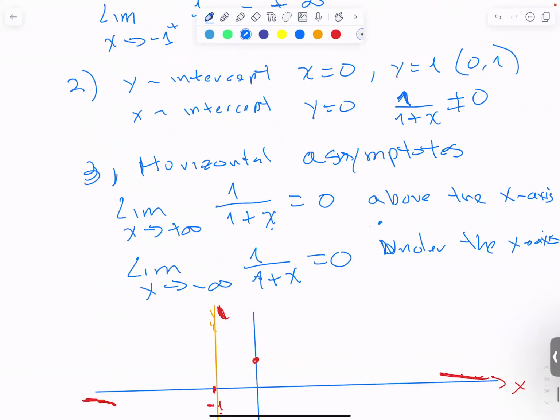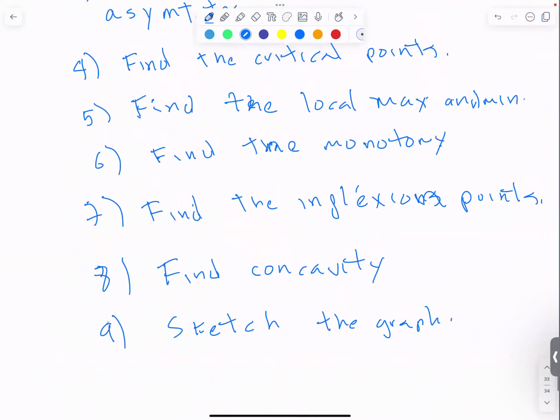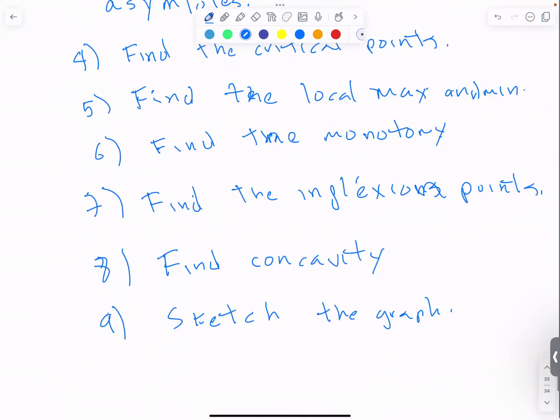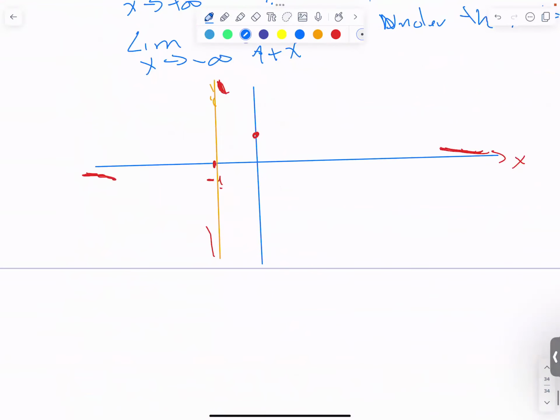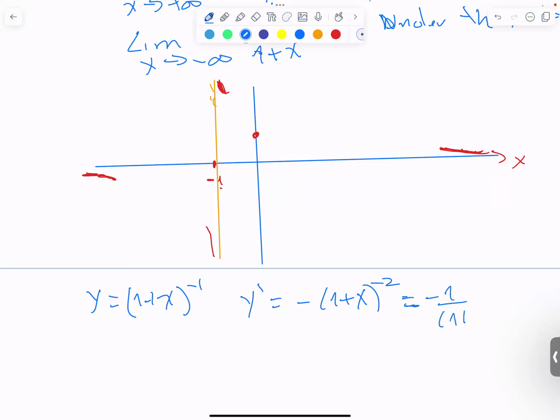Going to the next step, which is finding the critical point. For the critical point, we're gonna find the first derivative of 1 plus x to the -1, which is -1 times 1 plus x to the -2, which can be rewritten as -1 over 1 plus x squared.